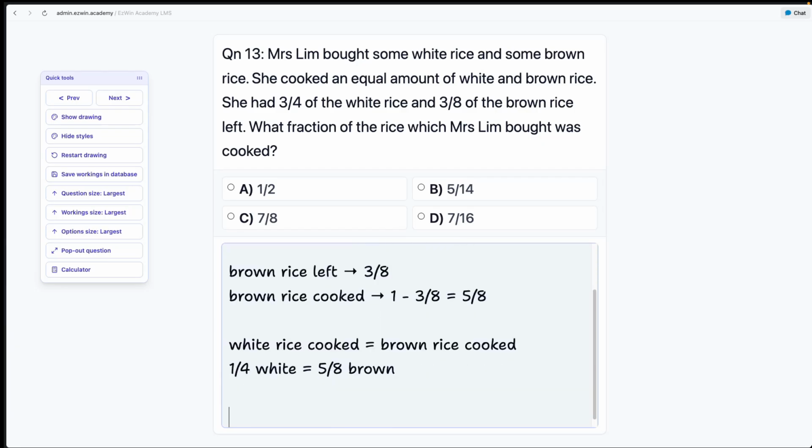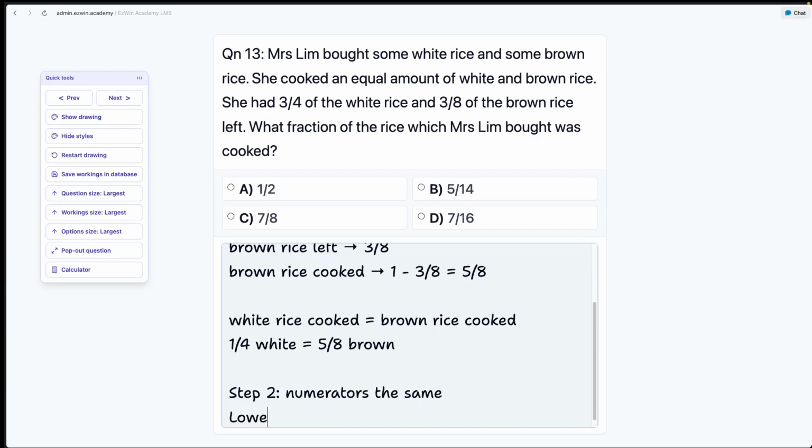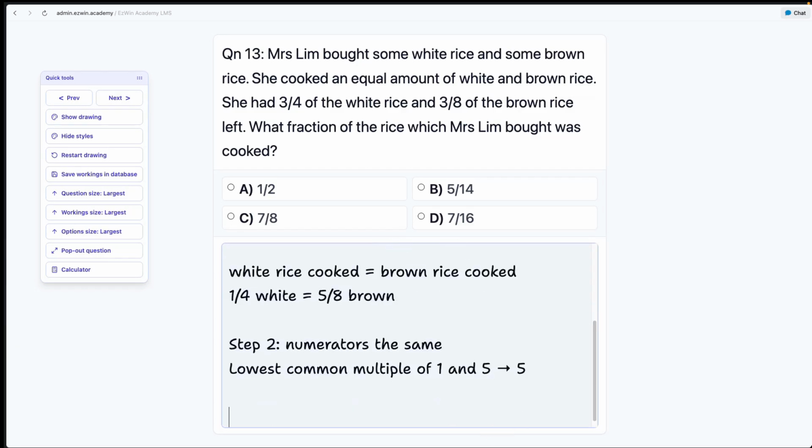So the next step, step 2, is we need to make the numerators the same. Okay, so that means we get the lowest common multiple of 1 and 5, which is equal to 5, right? So that means for the white rice, we have to have 1 times 5.